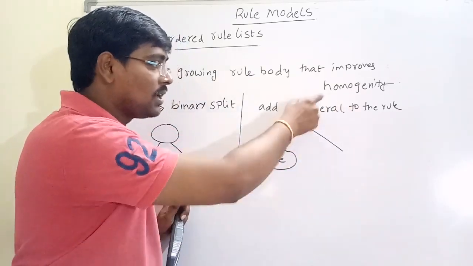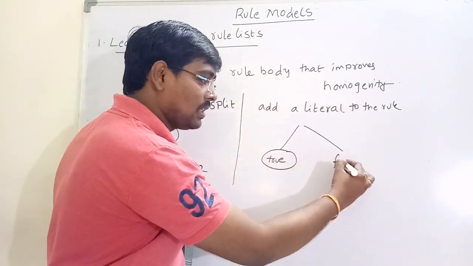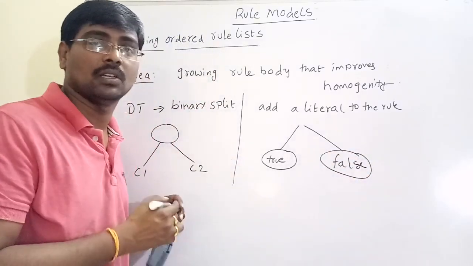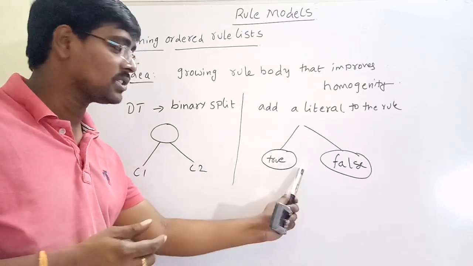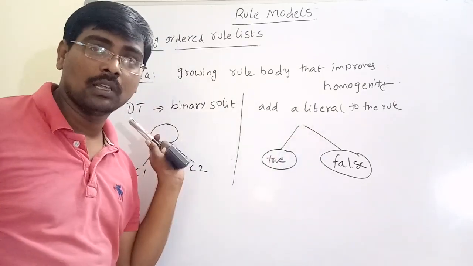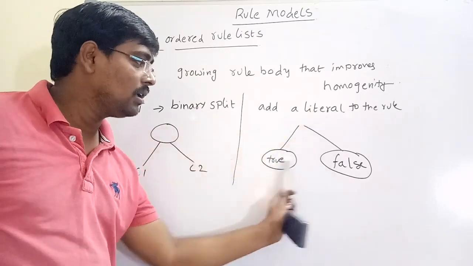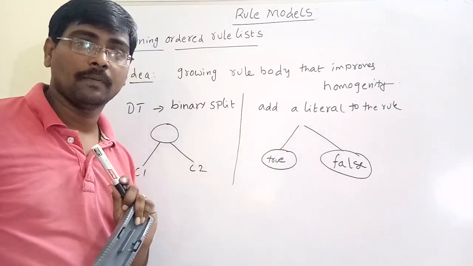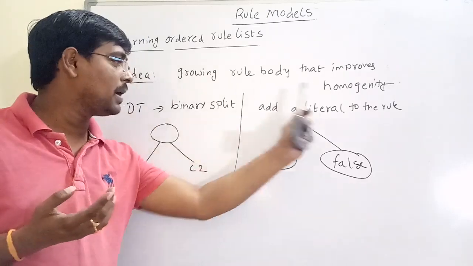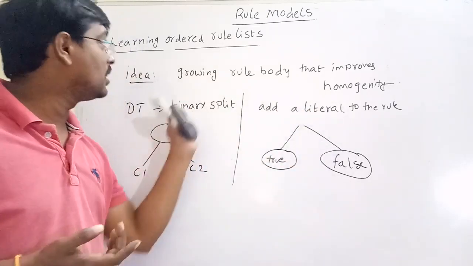The other is the set of instances that does not satisfy the rule. Literal and binary split are both the same. Whenever these are applied, two children are generated. Then what is the difference between this binary split in the decision tree concept and rule models?